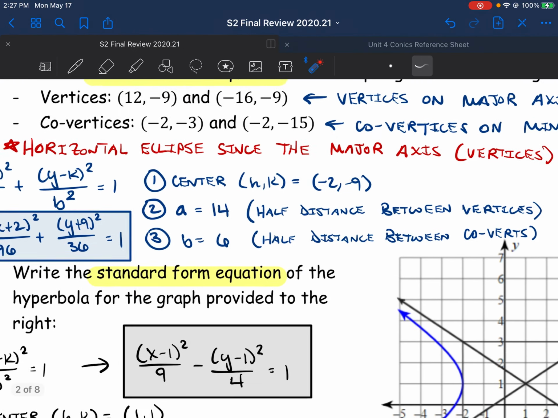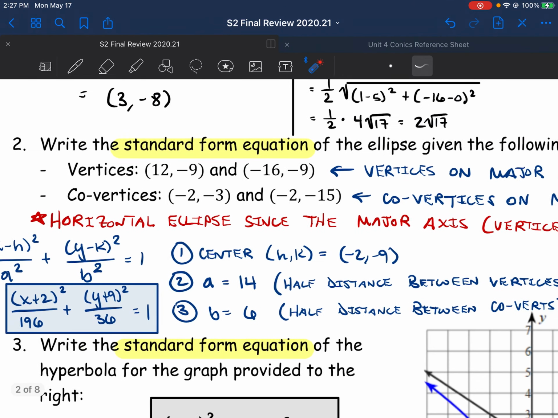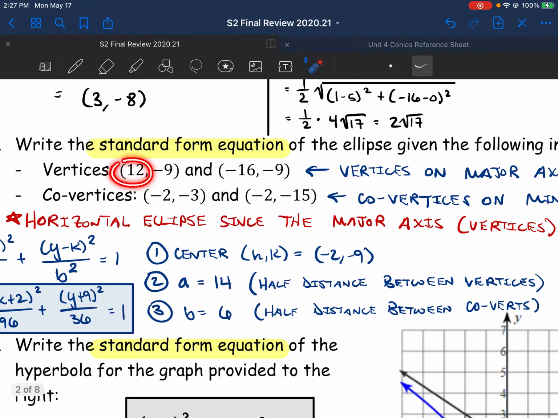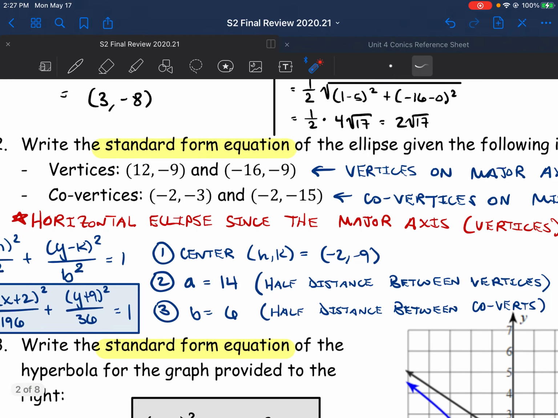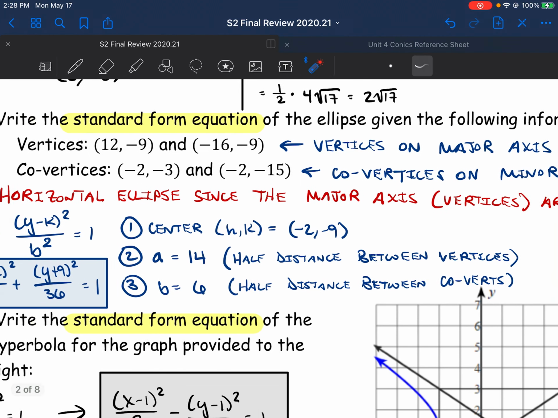So half the distance between the vertices would give you a. The vertices, from 12 to -16, are 28 units apart. Half of 28 is 14. So a is 14.